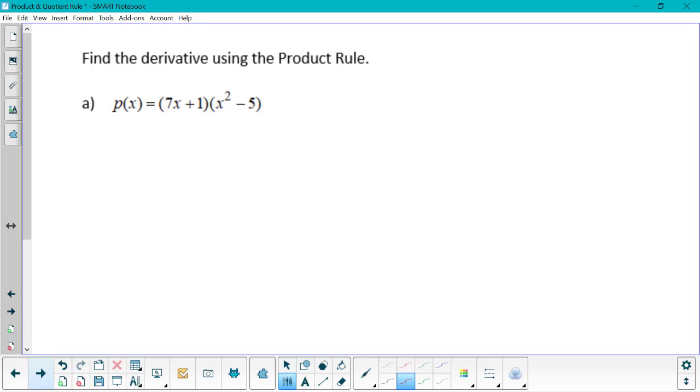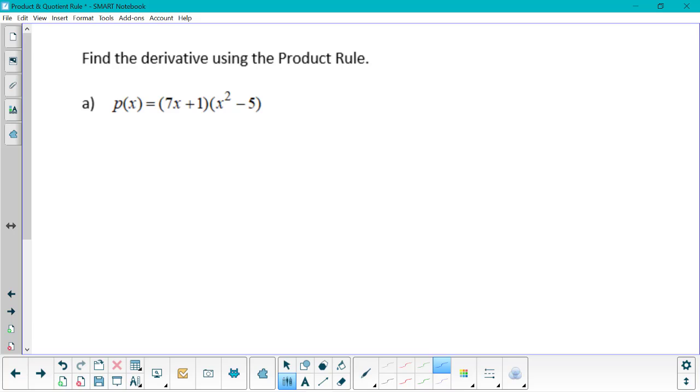Okay, so let's look at a couple functions that are a product of two different functions. Example, here I have p of x. It's a product of two polynomial functions, which we could actually find the derivative if we would distribute and multiply that out into one big polynomial. Then we could find the derivative of each term, but sometimes that's more tedious, but it's an option.